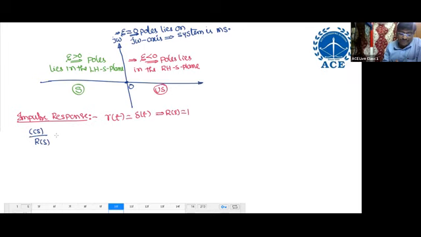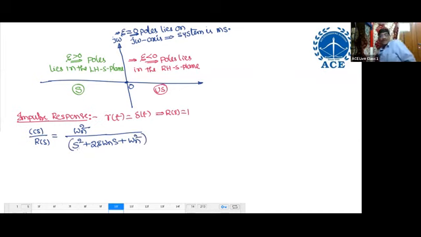Next, C of S by R of S. You should do it, same thing just like first order: omega n square by what?